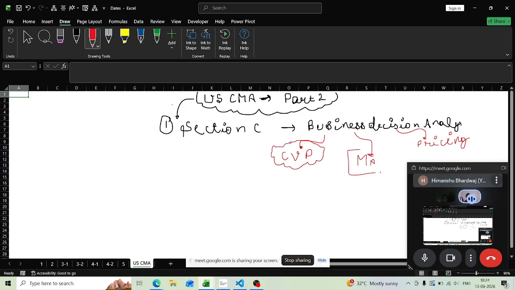Then we have marginal analysis. It is an extension of CVP analysis, but trickier, because here you will have to make decisions whether you want to buy or outsource the product, take on a special one-time order, increase your factory capacity, discontinue one product, or extend some products.